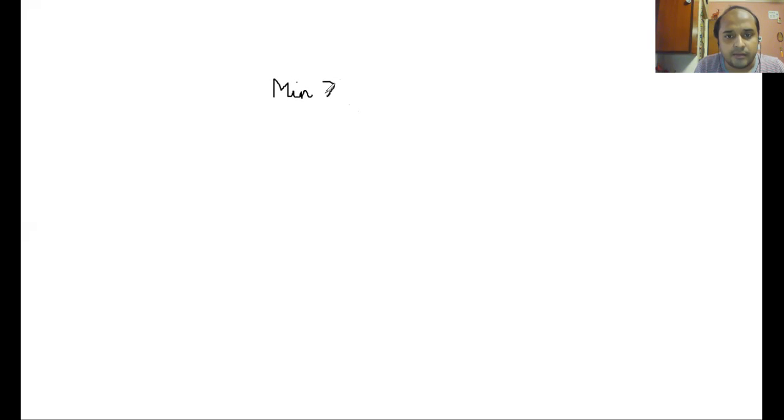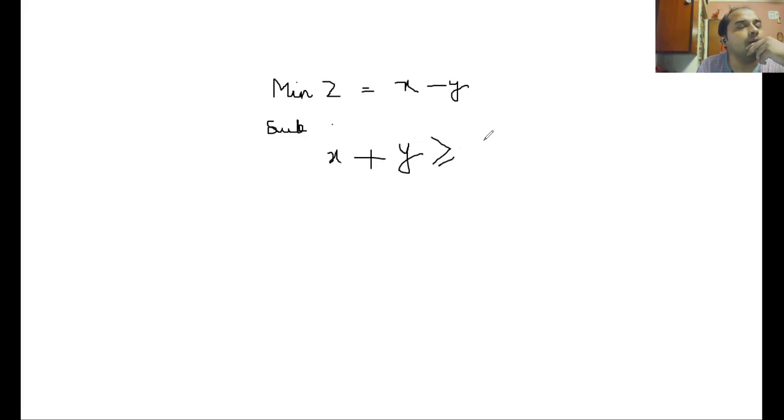The problem is minimize z equal to x minus y, and it is subject to x plus y greater than or equal to 3.